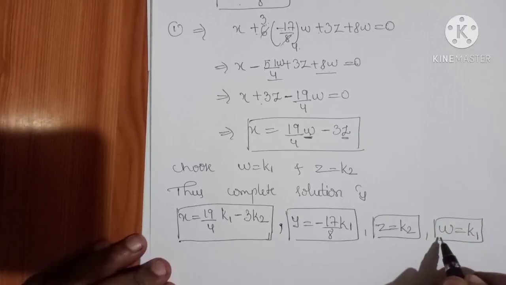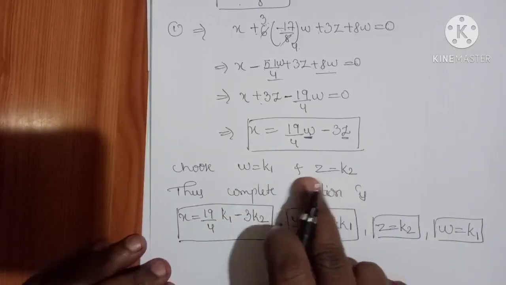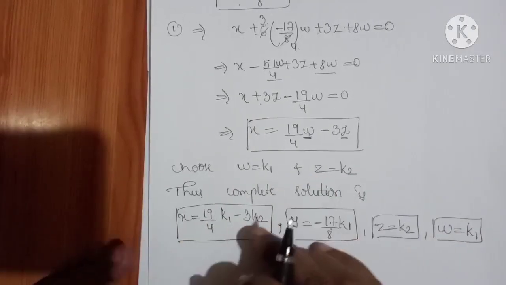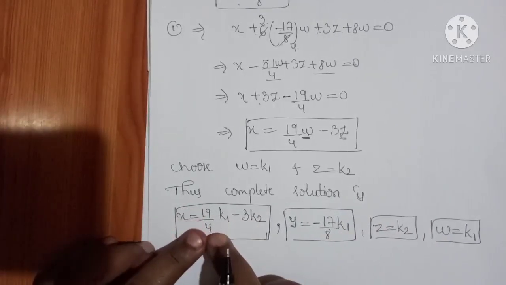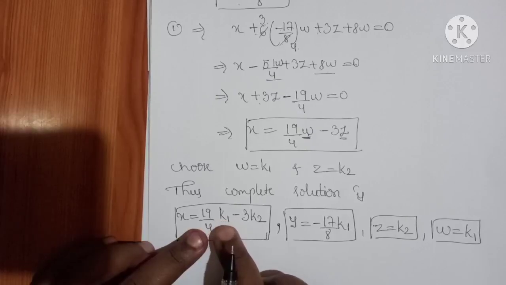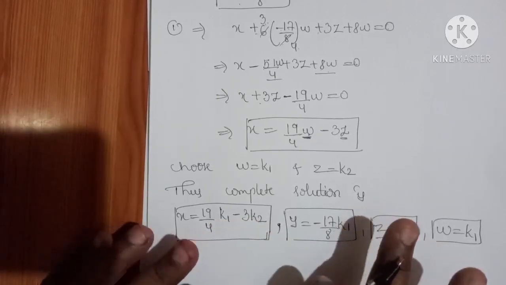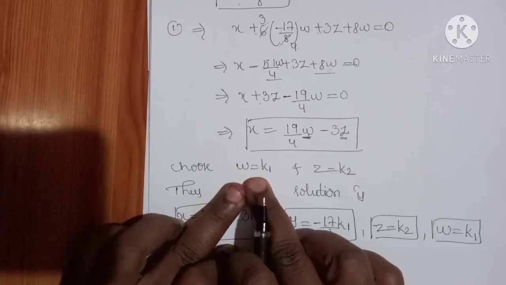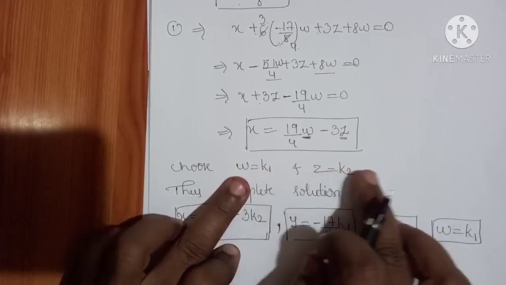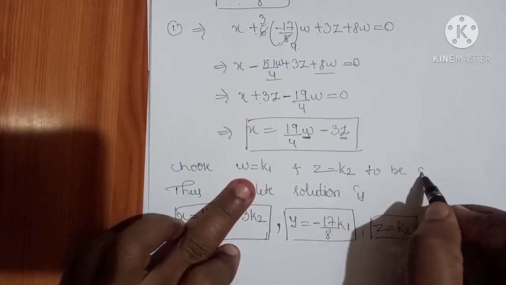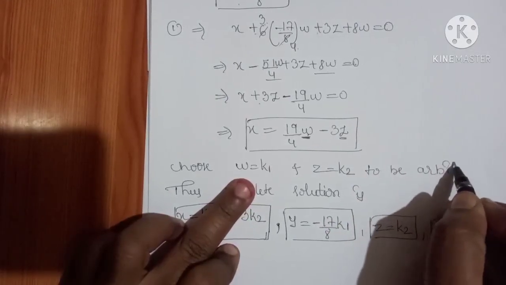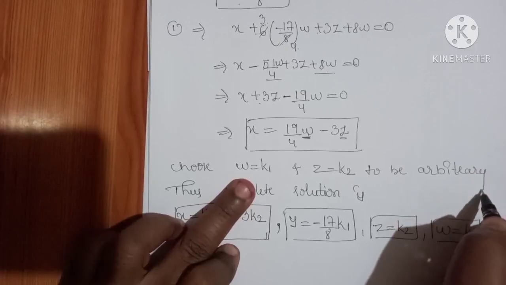Okay, or you can choose z equals k1 and omega equals k2, then you will get another set of solutions, that is 19 by 4 into k2 minus 3 k1. Okay, it all depends on how you are choosing these arbitrary elements. Okay, these are to be arbitrary.